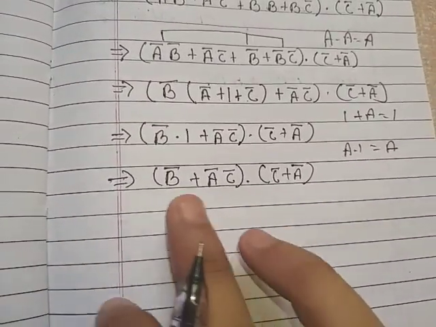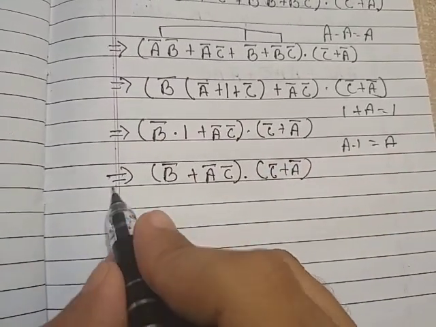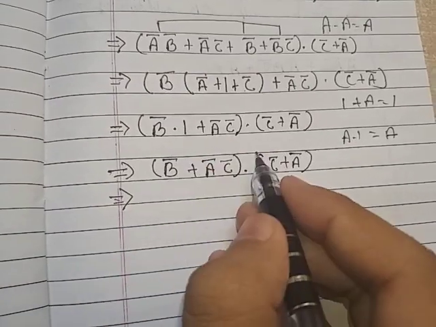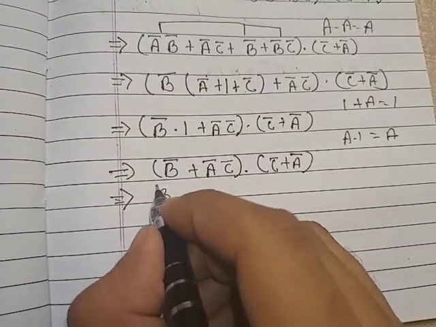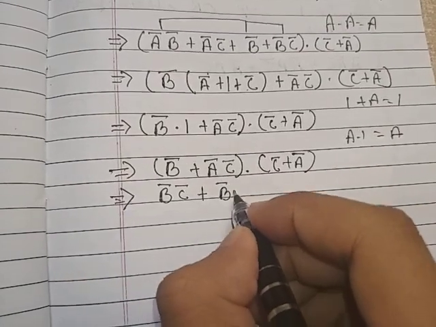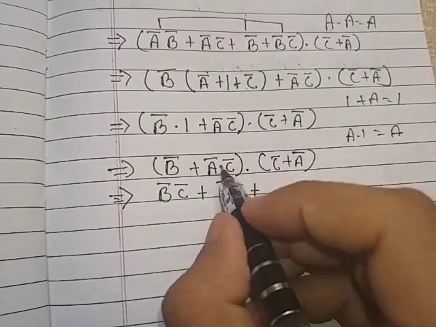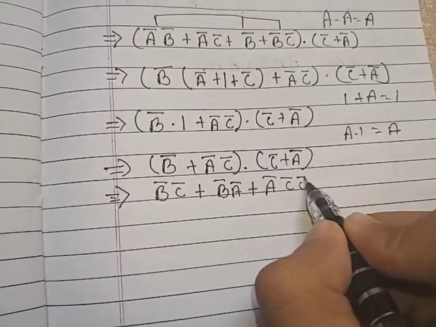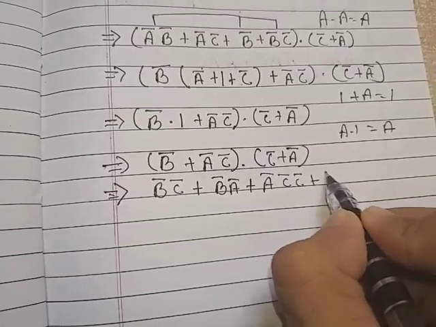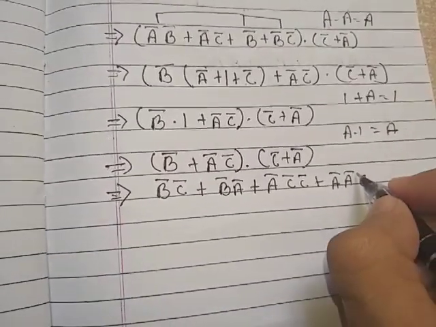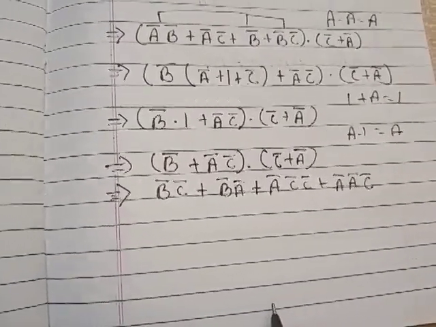Now I am going to open the brackets. So what will I get? B bar C bar plus B bar A bar plus A bar C bar plus A bar C bar. Clear?